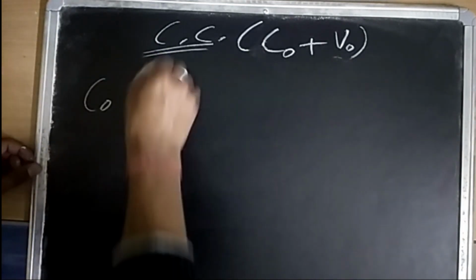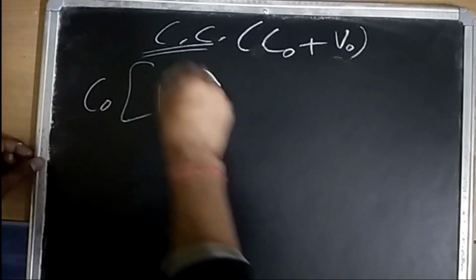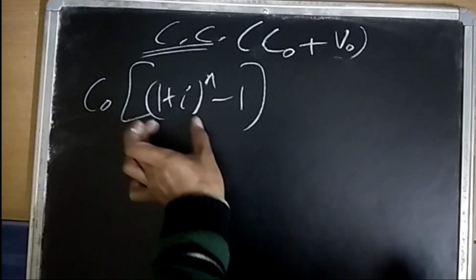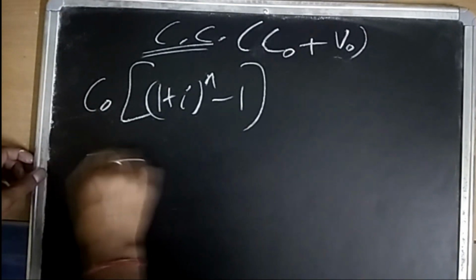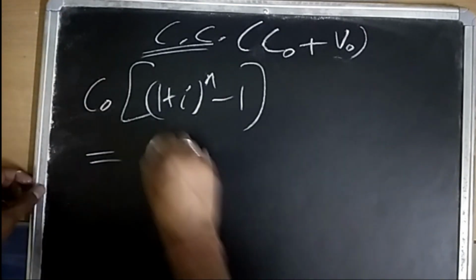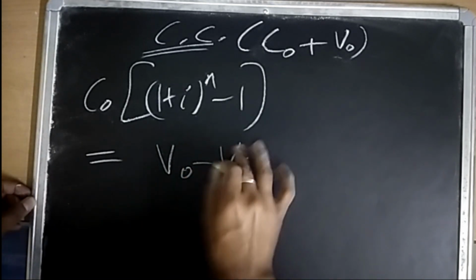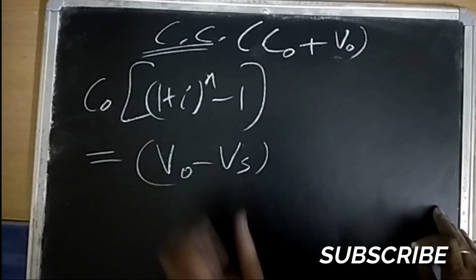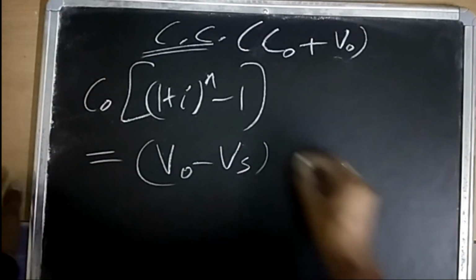Okay, let's revise it fast. So C naught, let me derive it in a quick way. C naught times (1 plus I) to the power n minus 1. This is C naught compounded minus 1, because C naught is also invested in the starting. This is the investment that would take care of the final investment of the net value of the operated plant or vessel, anything.